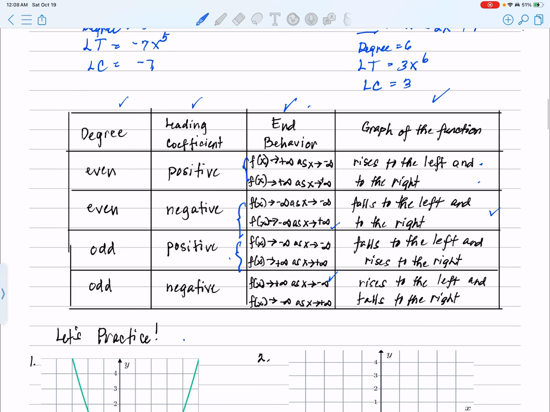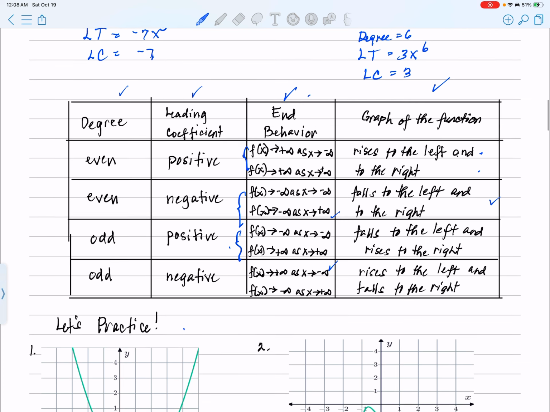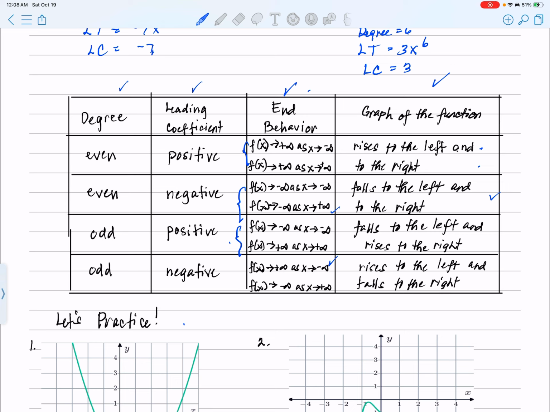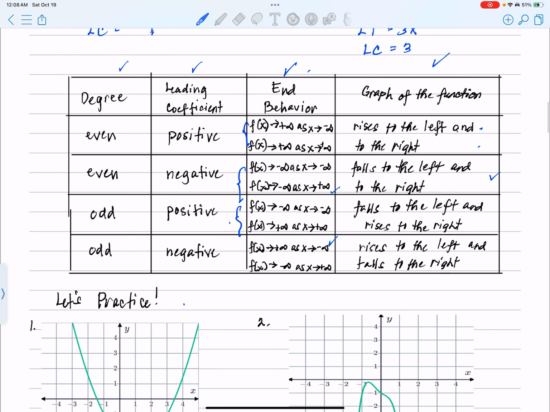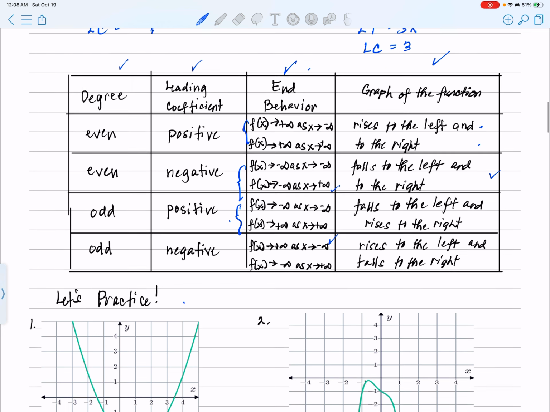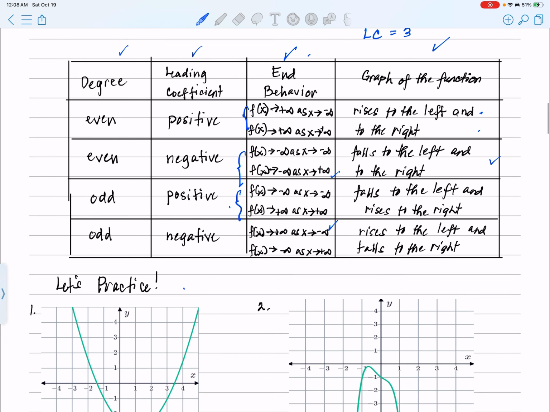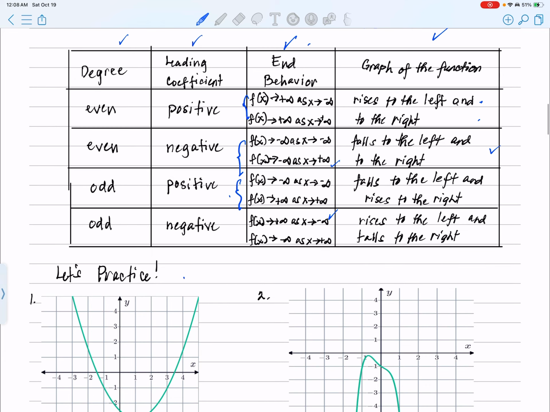I will be doing the end behavior with you, so that you might be looking at it and wondering, what does it mean, negative infinity, and so on. So I will do the graph at the same time, pointing out which part of the table or the guide we are looking at.